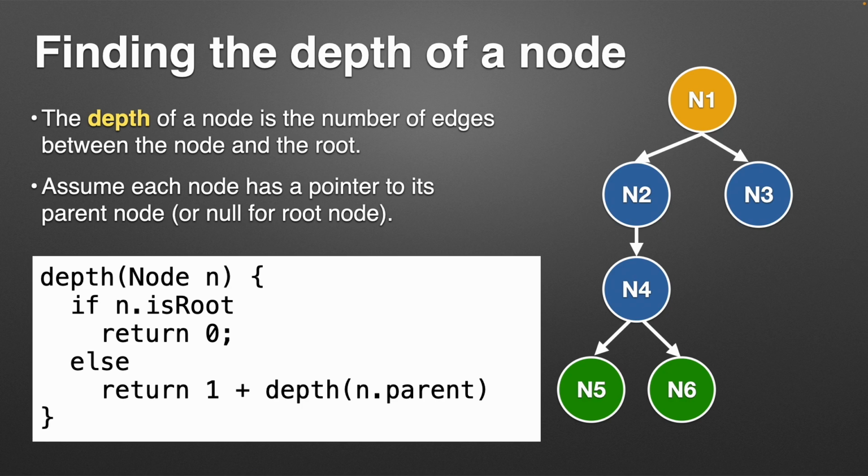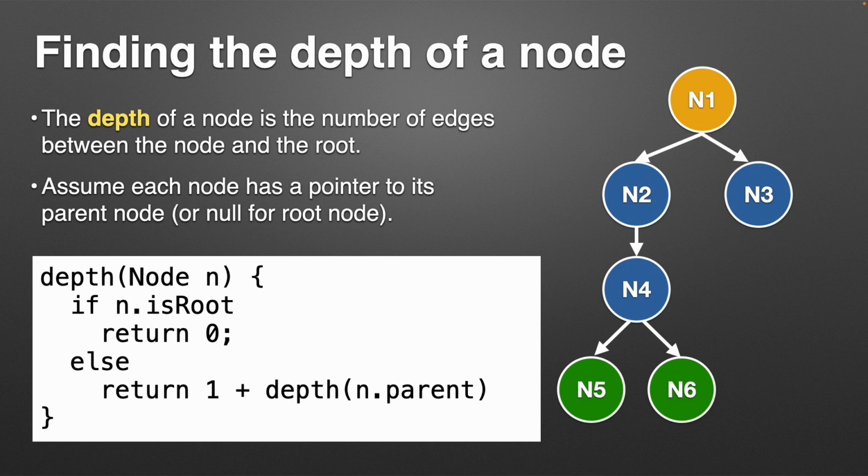So we can take a recursive approach where our base case, if you remember when you learned recursion, the most important part is the base case, so that you terminate the function eventually. Our base condition is: if our node is the root node, we return 0. Otherwise, we return 1 plus the depth of our parent node.